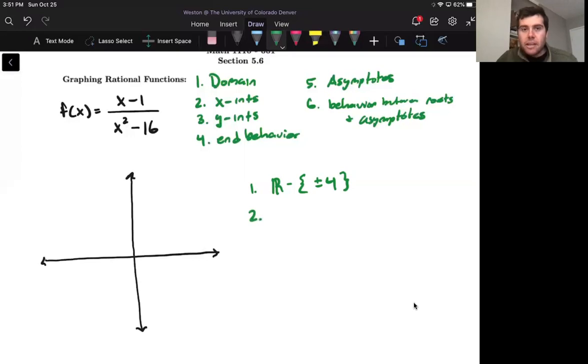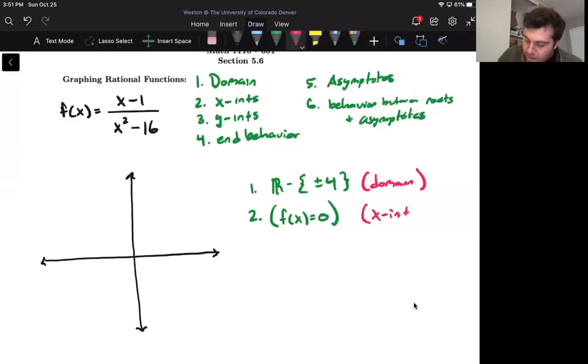Two, our x-intercepts are still the same. It's just where f of x equals 0. And let's actually label what these are. That's domain. And this is going to be the x-intercepts. Where the function equals 0, we're going to remember that we're looking at this fraction.